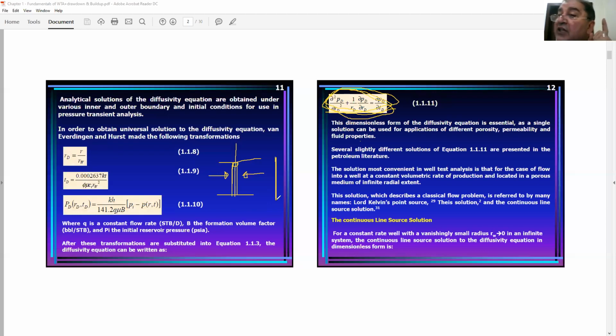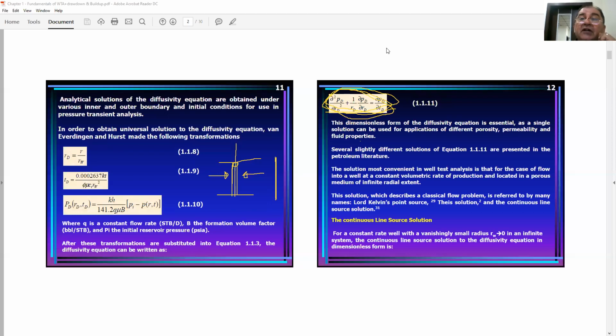This kind of assumption again. So we assume the wellbore radius reaches an infinitesimal value, where instead of a cylindrical shape we have only a line inside the porous media, and the fluid moves toward this line. This is called the line source solution.